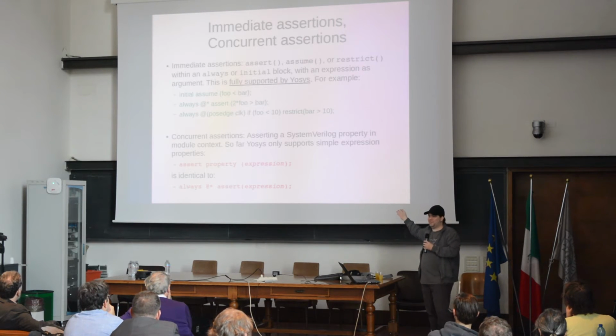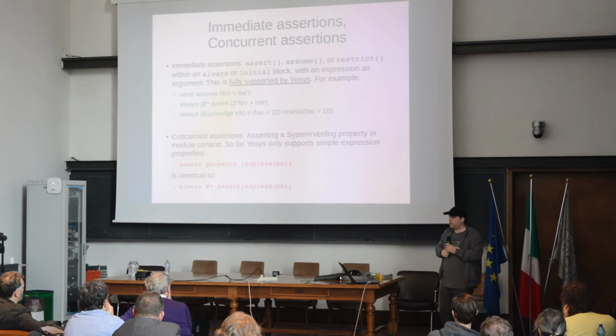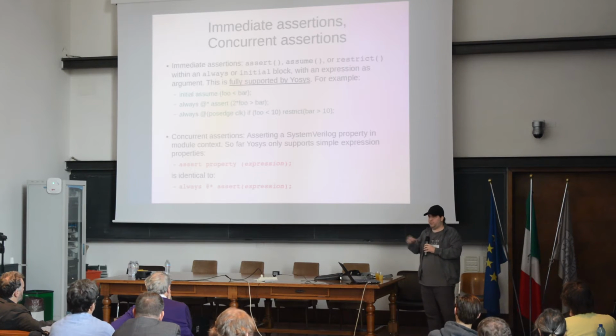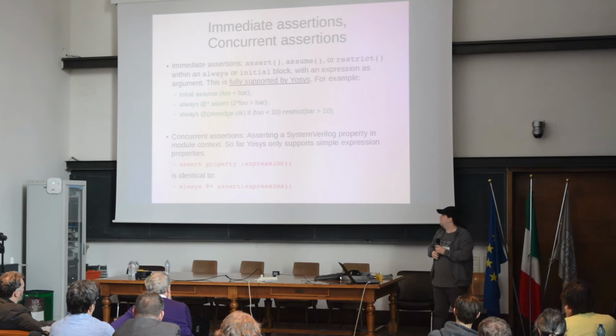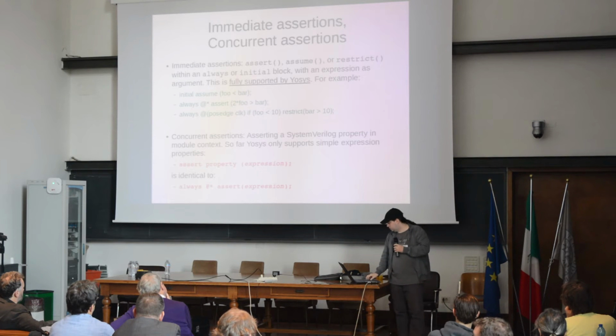However, Yosys doesn't really support SystemVerilog properties at the moment. So at the moment, this is just an expression that's allowed here. Right now, a concurrent assertion is essentially equivalent to an always @* assertion. There are plans to support more of SystemVerilog assertions and properties in Yosys in the future. Right now, I would say in most cases, you just would like to stick to the immediate assertions that are using always blocks or initial blocks.